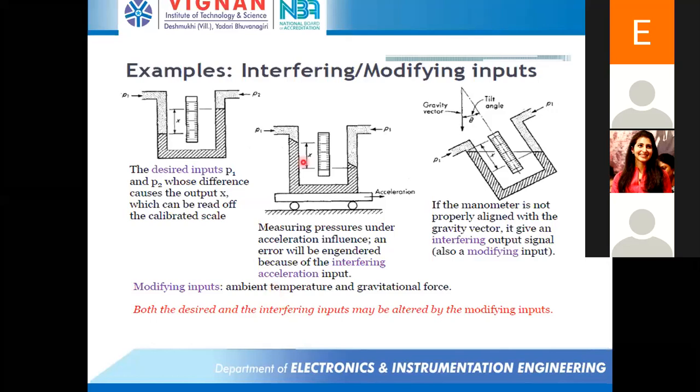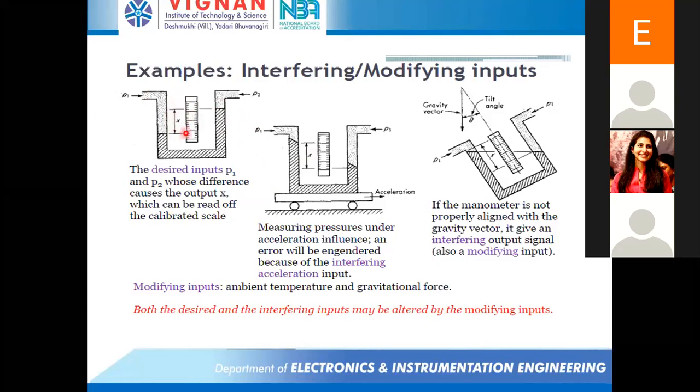So if you observe the ambient temperature, for example, your mercury manometer is placed in a room where the temperature is normal, 25 degrees centigrade. That is room temperature. Then there is no effect on this mercury liquid. Generally, as this desired input P1 minus P2 changes, it changes the level.